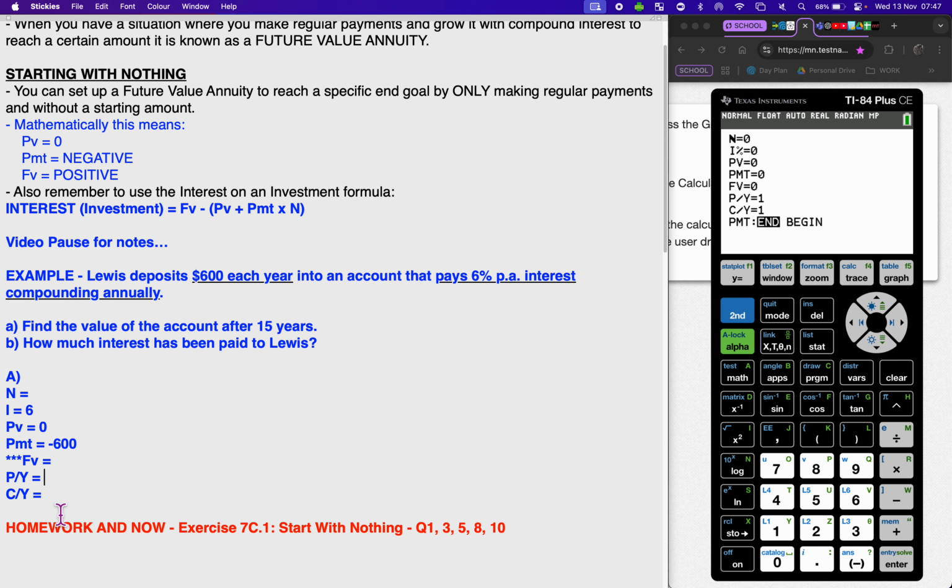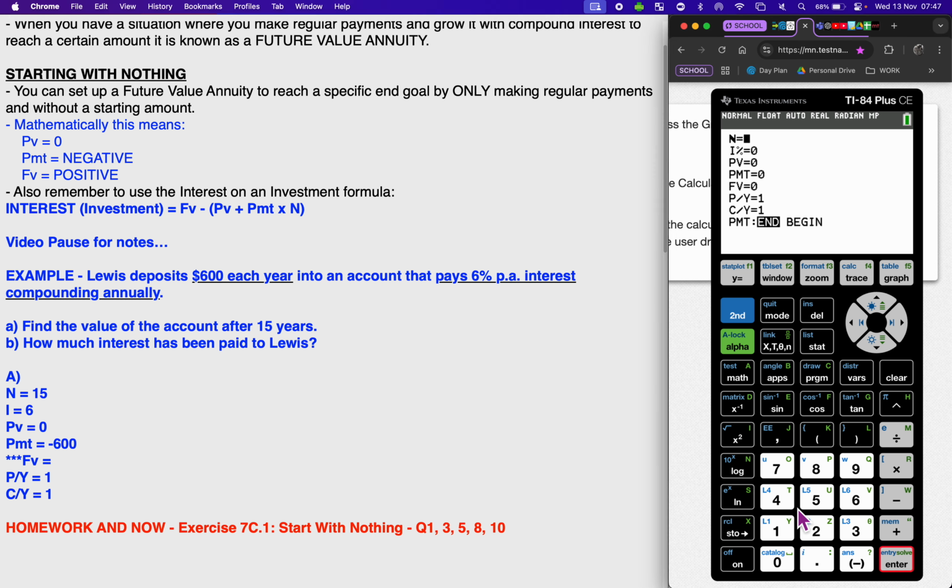Second to last step is work out what PY and CY are going to be, because they're always the same at high school in South Australia. Compounding annually. So how many times does a year happen in a year? Once. So we've now established that in this TVM Solver, the units of time are years, because PY and CY are 1, so now we can decide what N is going to be. If the units are in years, we want to know what the value of the account is after 15 years. N is just going to be 15.